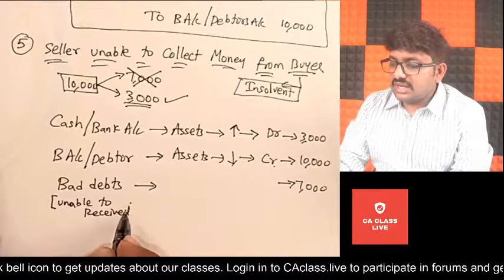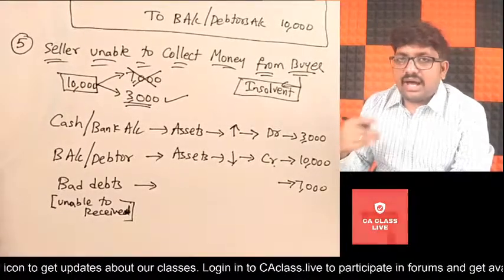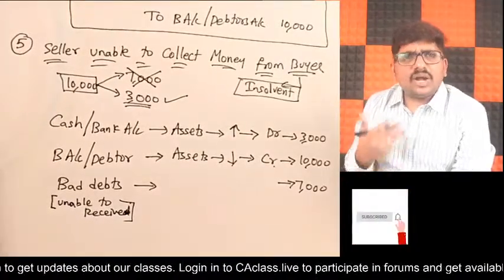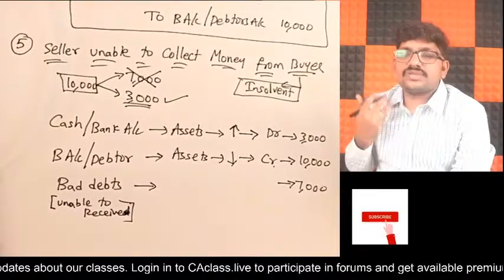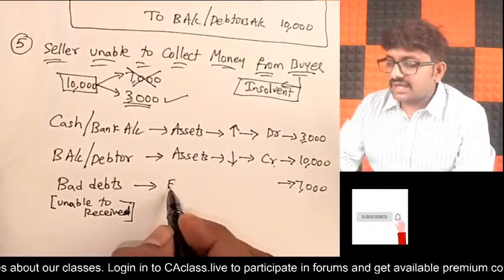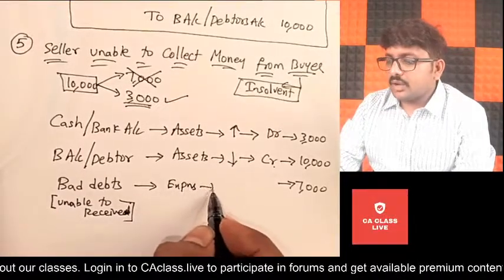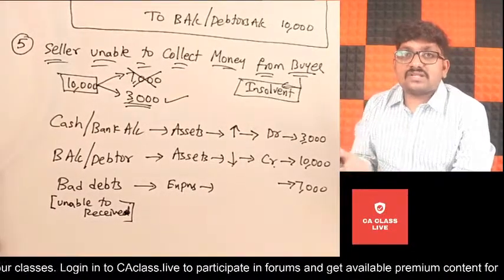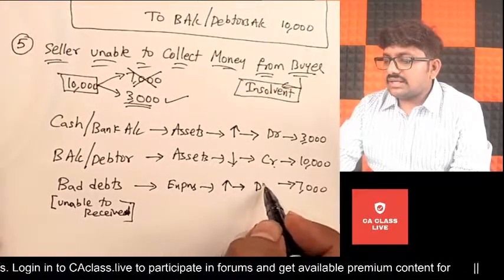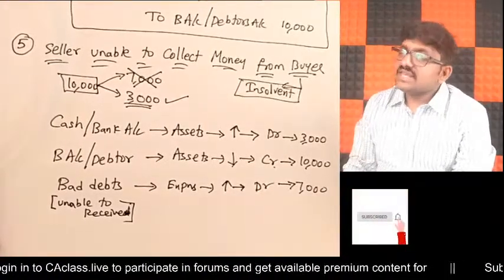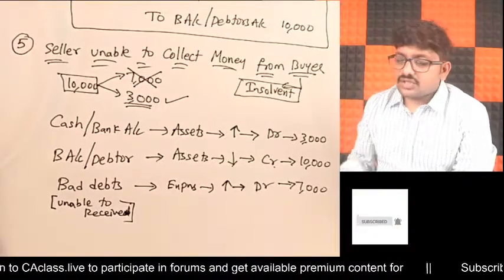Whenever there is this unable-to-receive situation, it is a loss for you. 7,000 rupees you are unable to receive, so I will take it to the expense or loss category. When your loss increases, you have to debit, by how much? 7,000 rupees.